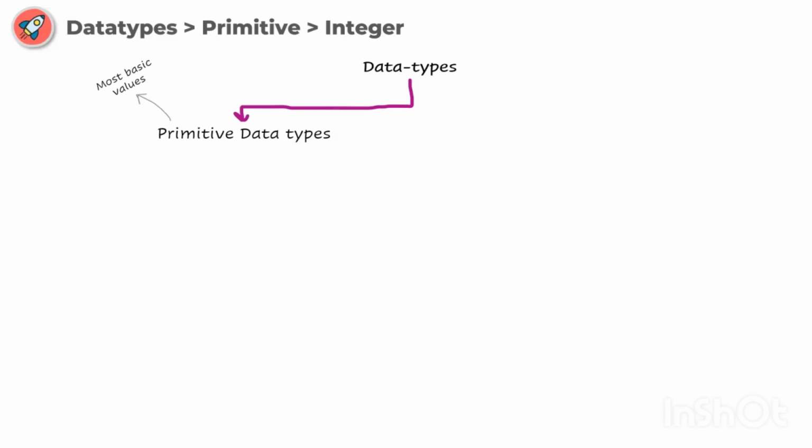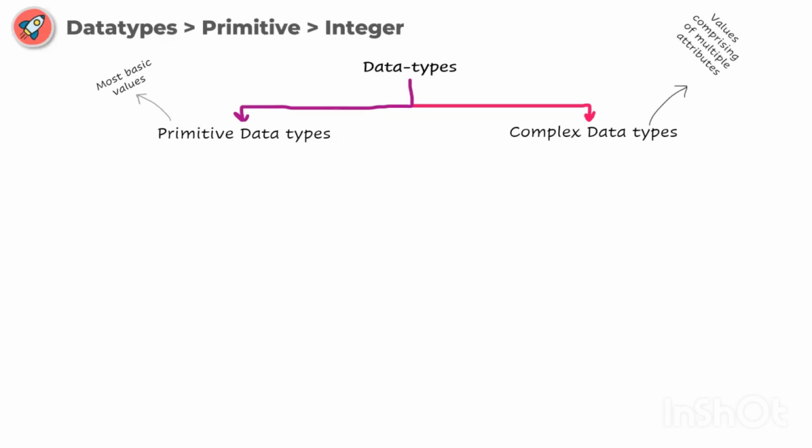And because so many attributes collectively define an entity called book, that's why such data types are called complex data types. So variables of primitive data types store one single value, whereas the variables of complex data types store multiple attributes.